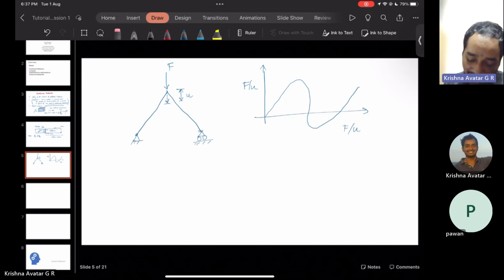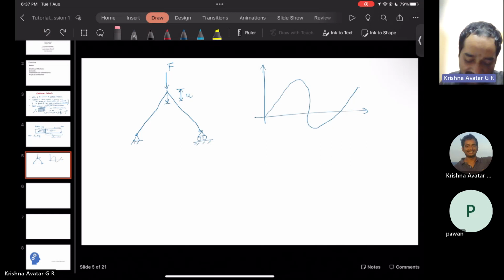which tells us that even though this problem looks very simple, it's very complex in terms of the equation that we need to solve, and at the same time we are unable to do it using the traditional Newton-Raphson approach.